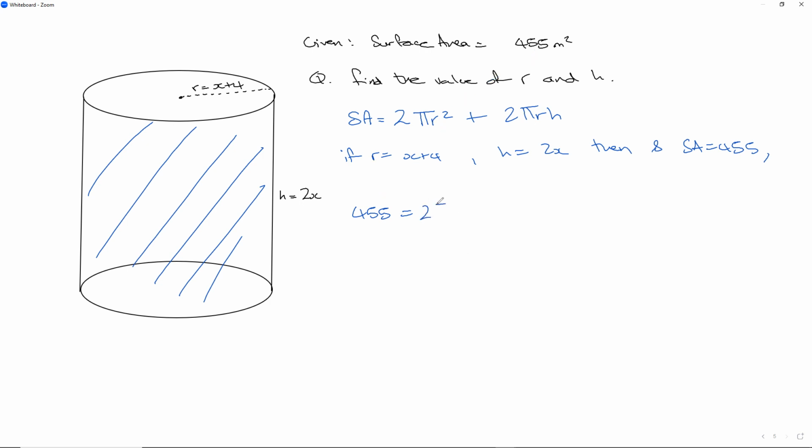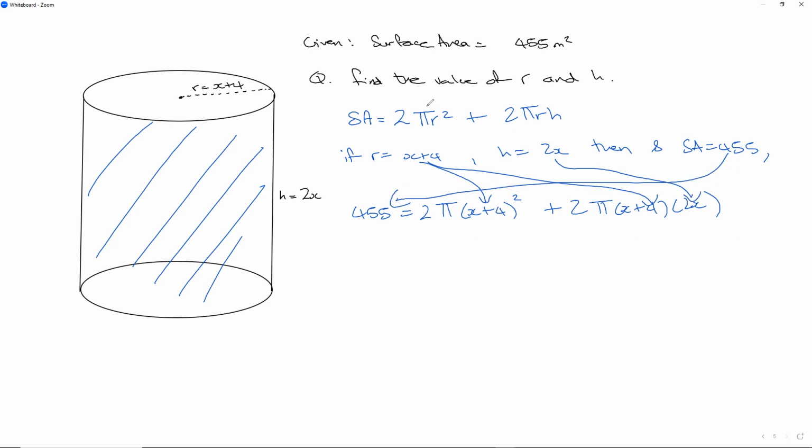And that's equal to 2 pi times my radius, which is now in terms of x, so x plus 4 all squared, plus 2 pi times my radius, which is x plus 4, times my height, which is 2x. All I'm doing now is substituting r wherever r is, and I'm substituting h there, and surface area goes there into this formula, one by one. I can't really use a calculator at this point because there's x's involved.